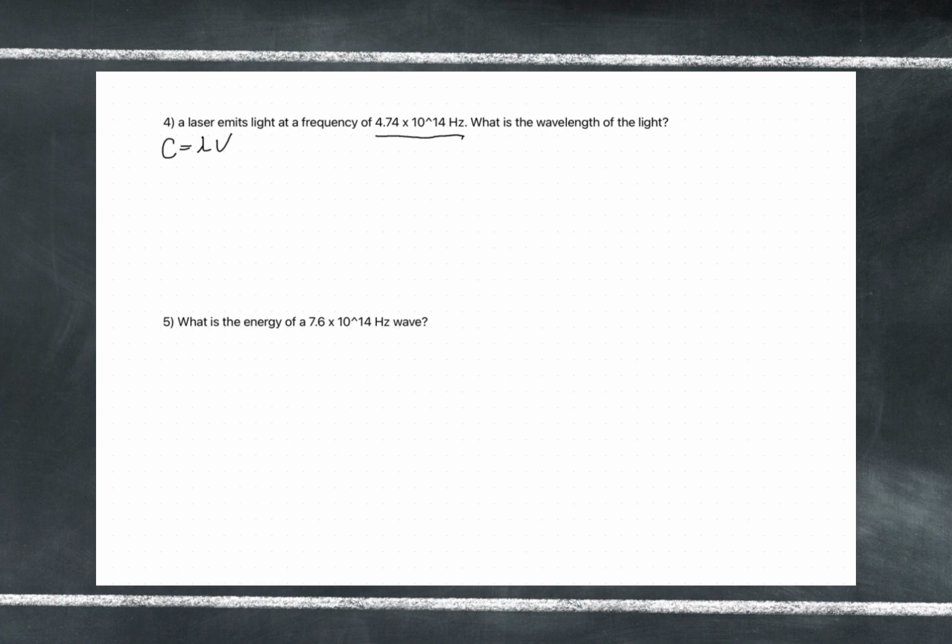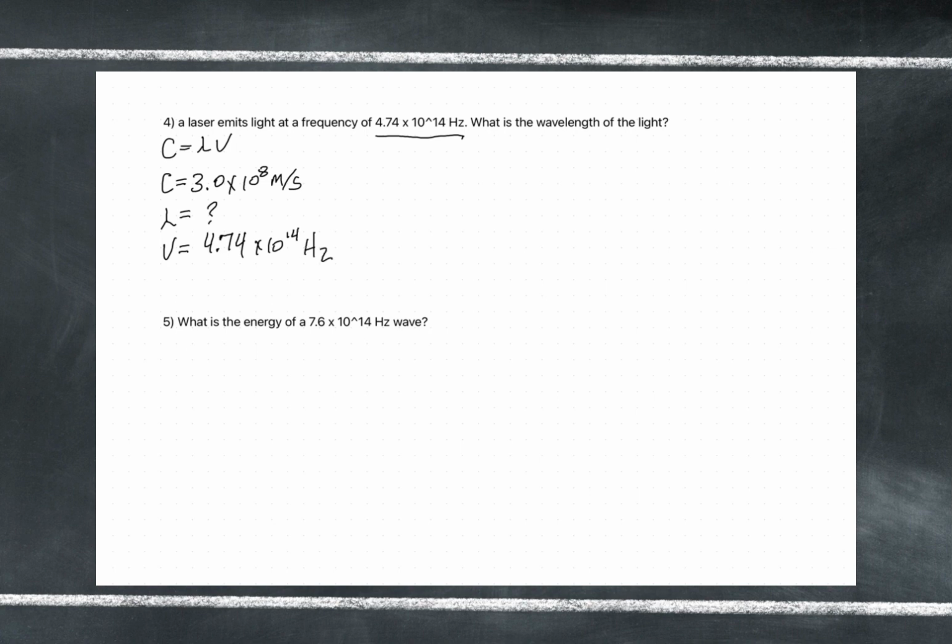So in this equation, c is our speed of light, 3.0 times 10 to the 8th meters per second. We don't know our wavelength, that's what we're solving for, but we do know our frequency this time, which is 4.74 times 10 to the 14th hertz.